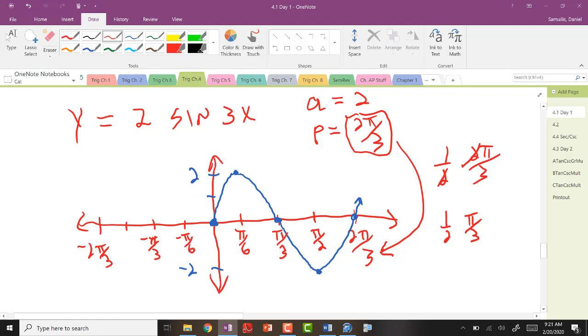You just cut them and paste them to the other side. And don't worry, we'll do another one and another one. Okay, and then it's not back up here. It's here because I'm not moving that negative 2. 0, 2, and then back to 0. Because negative pi over 6 is coterminal with pi over 2.